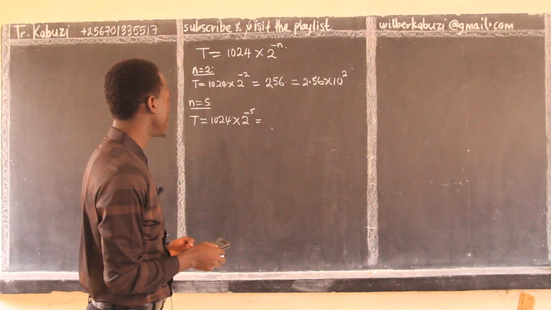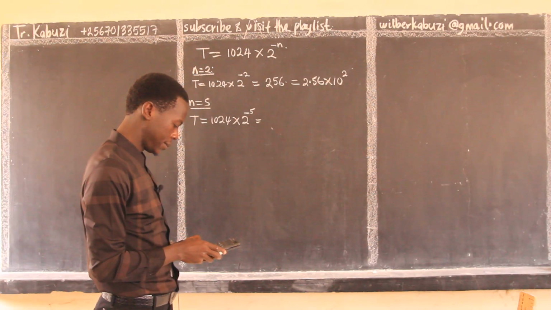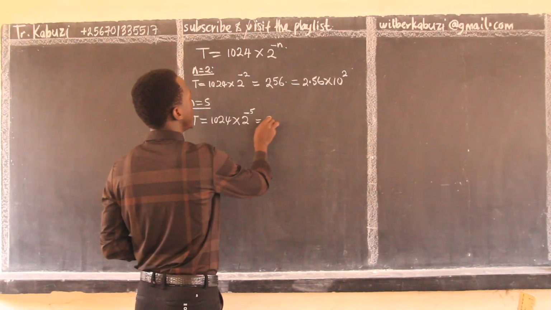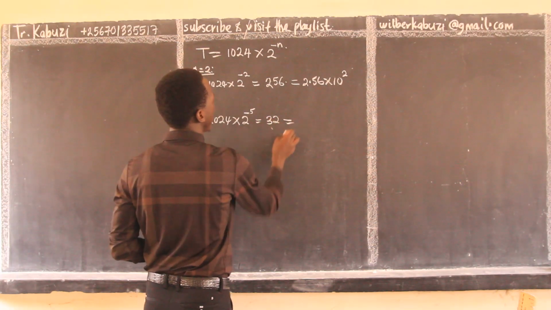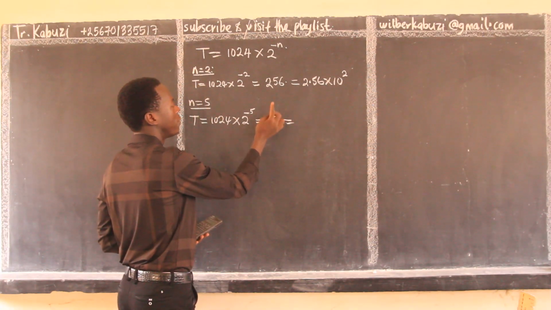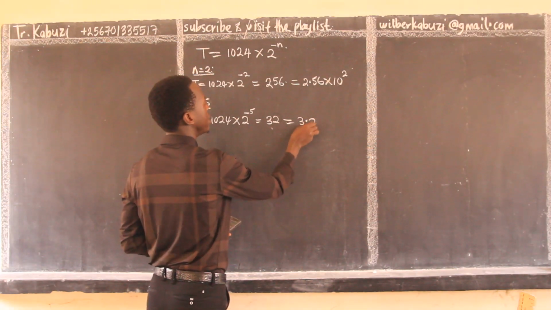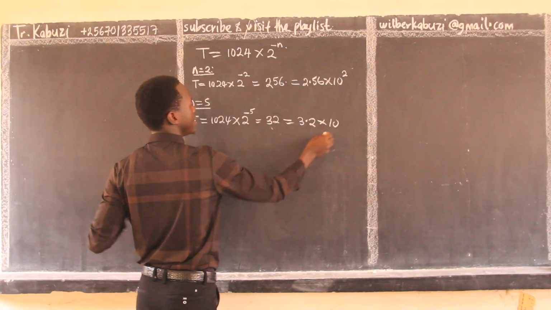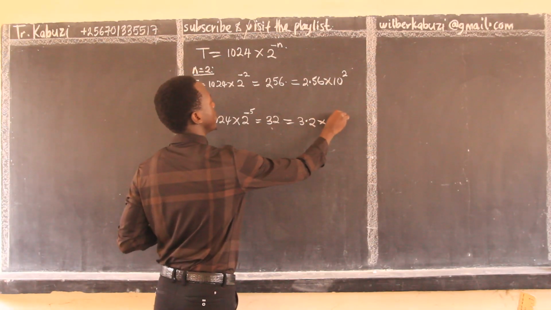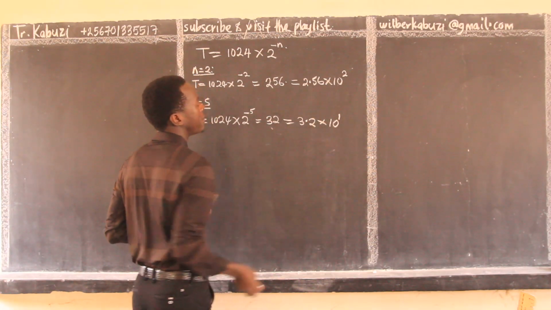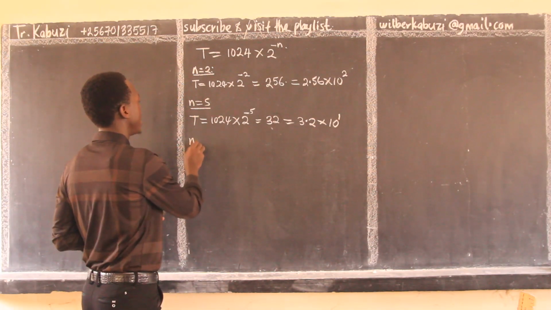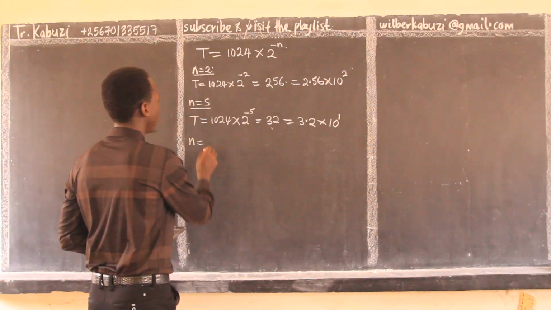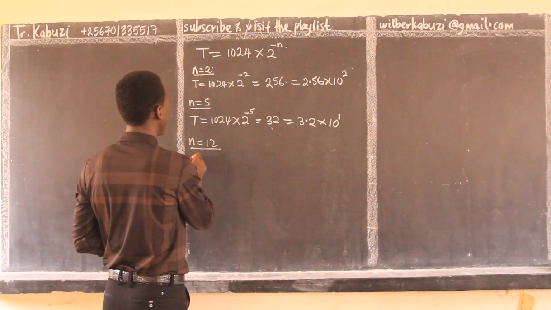Here I'm getting 32. In standard form, we just need to move one place, so this will be 3.2 times 10. Because I'm moving towards the left, the power is positive.